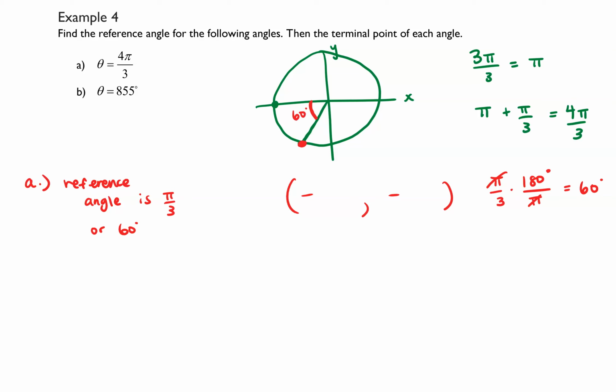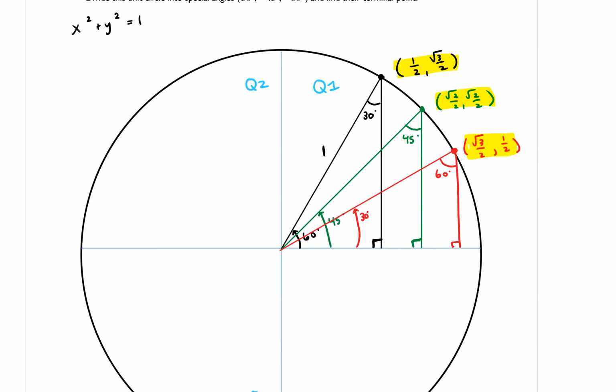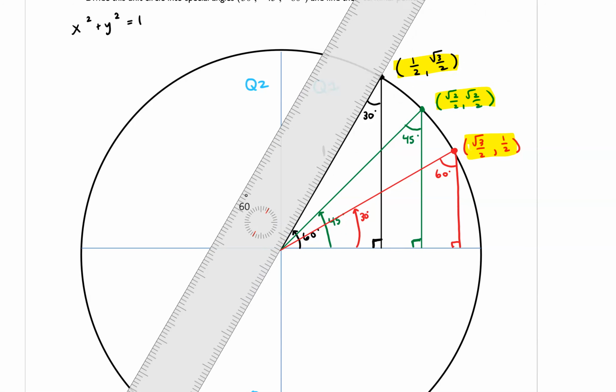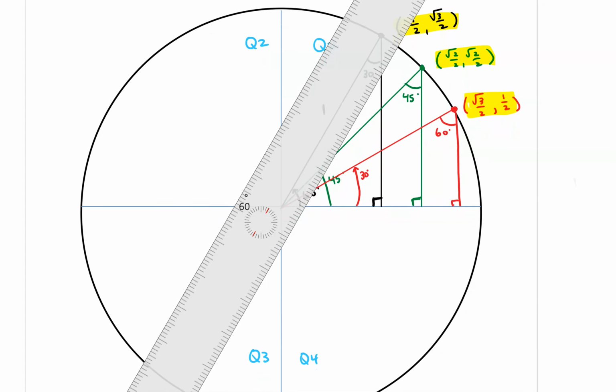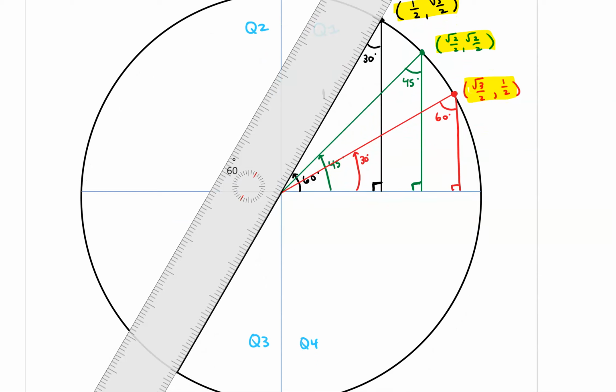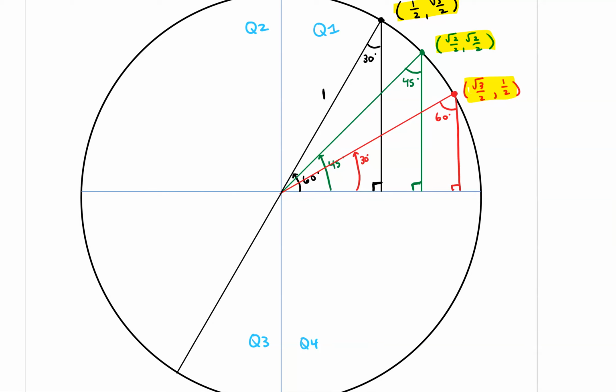Okay, let's return to that unit circle that we drew to see if we can figure out what these coordinates are. Okay, so we're back here, and I'm going to extend the black line down here. And since this here is 60 degrees, that's going to tell us that this here is also 60 degrees, and that was the reference angle for that last example that we were looking at.